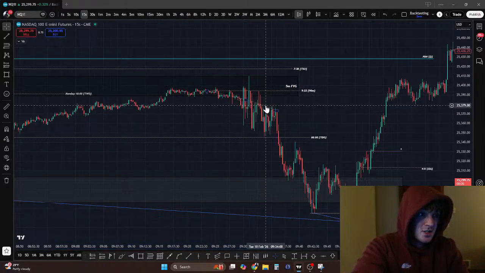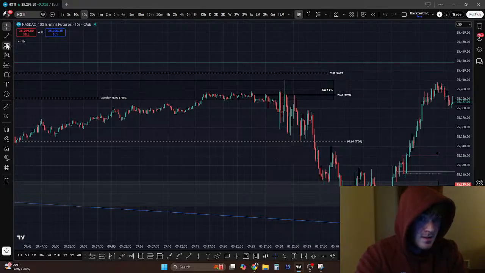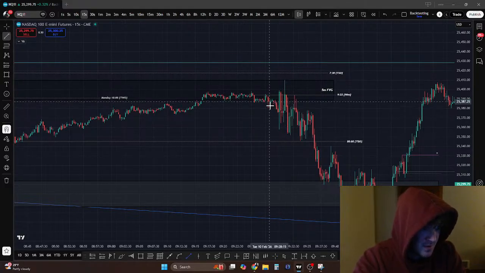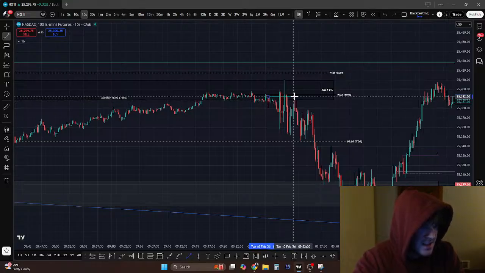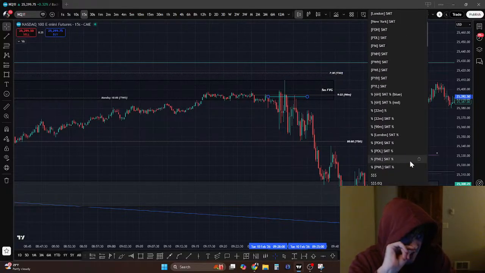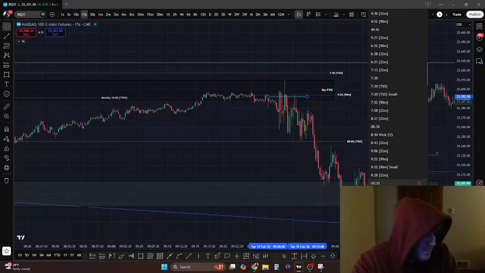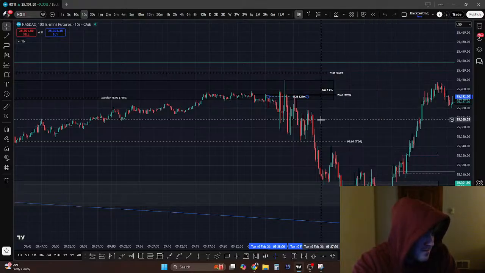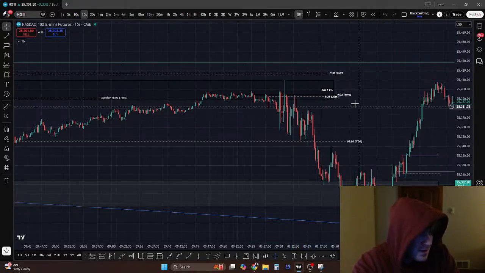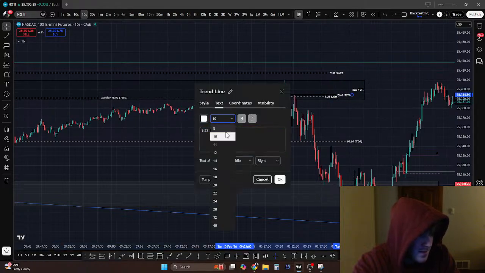Clear accumulation, manipulation, sweeping the true opens. I guess the sus part about it is there's a true session open that's just chilling above, but I think it's clear enough where you could probably get away with it.